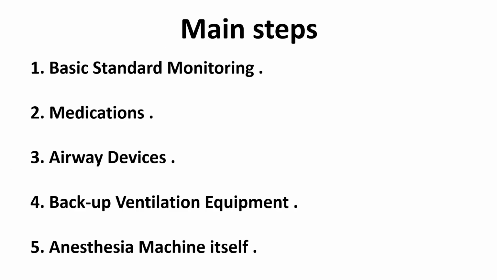Here are our main steps: basic standard monitoring, the medications, airway devices, backup ventilation equipment, and the anesthesia machine itself. The checking starts from the first minute in the operation theater, with checking of standard monitoring.